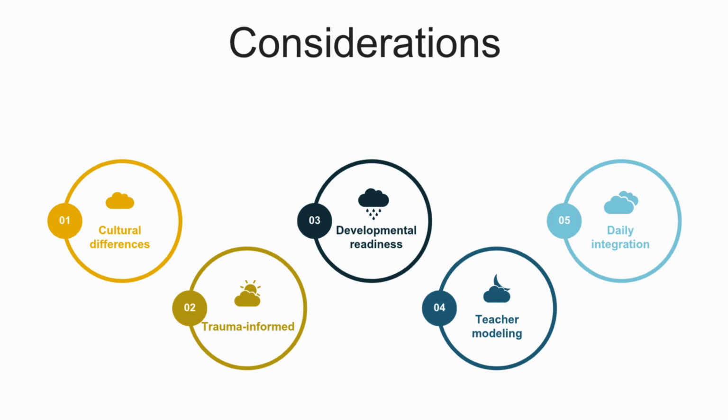It doesn't have to be a complex process, just the teacher thinking out loud about how they're progressing through a lesson could be an example of the teacher modeling self-awareness. And then it should be daily integration. It's not just something that you introduce and walk away from. No, it's something that we practice daily.